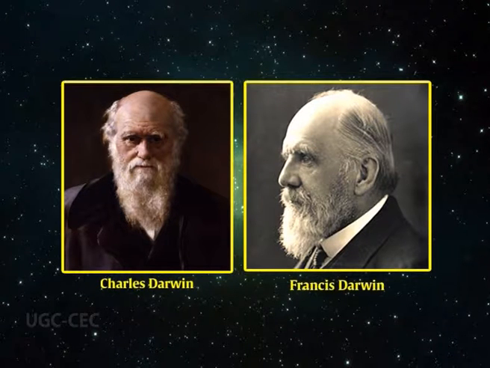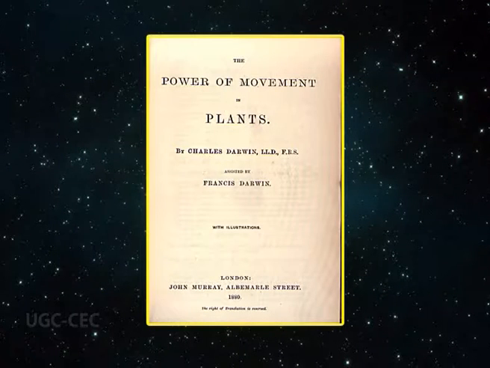In fact, more than a century ago, Charles Darwin, famous evolutionary biologist, and Francis Darwin wrote a book entitled The Power of Movement in Plants in the year 1880. This book first of all recognized that plants, although rooted to the soil, exhibit a range of fascinating movements.